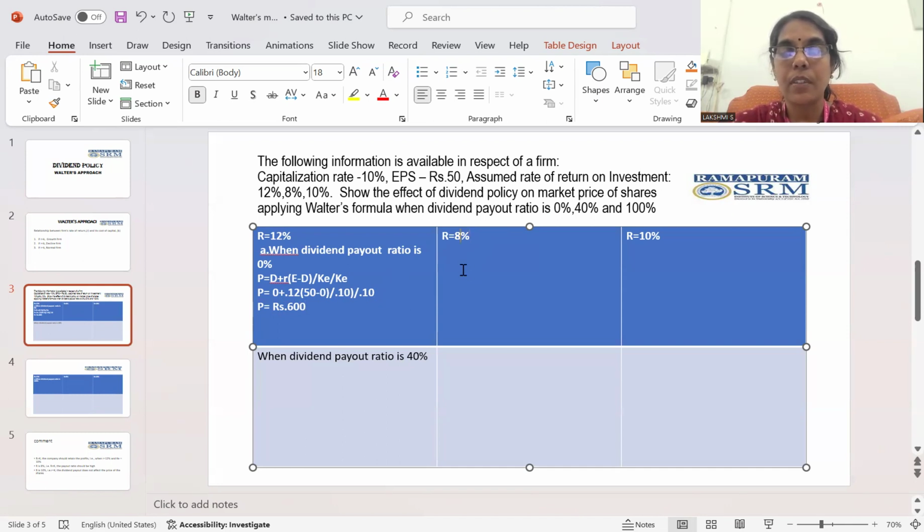Same formula: price of the share equals the dividend, 0, plus the rate of return 8%, 0.08, into the earning per share 50 minus the dividend 0, divided by KE, the cost of equity, 0.10, and the overall expression divided by 0.10.